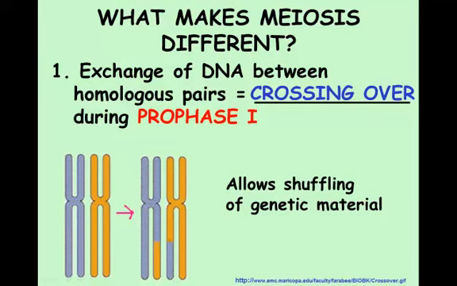And notice the color change here now. Those pieces of DNA are actually switching position, and now we're going to have chromosomes that contain both a little piece of mom DNA and a little piece of dad DNA. It allows us to start mixing up, that's called shuffling, right? Shuffling the genetic material. We're mixing up the mom and dad gene choices in different combinations. And that's what's going to start to allow us to make sperm and eggs that are different from each other.